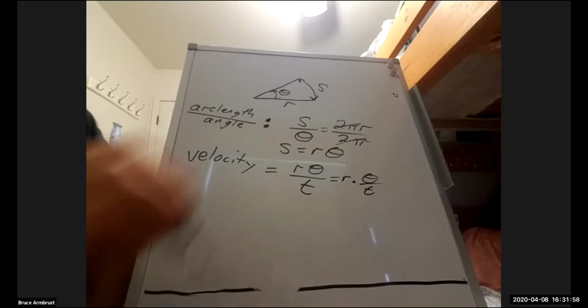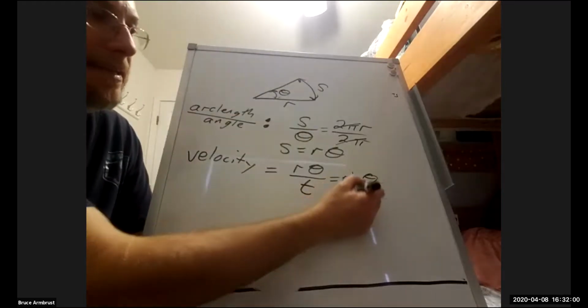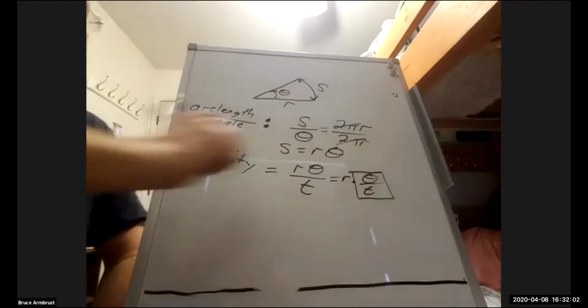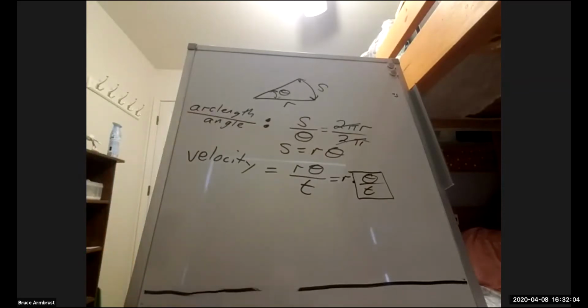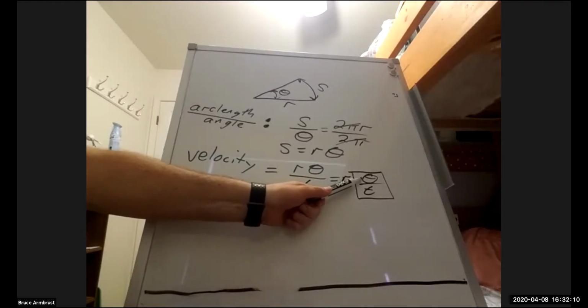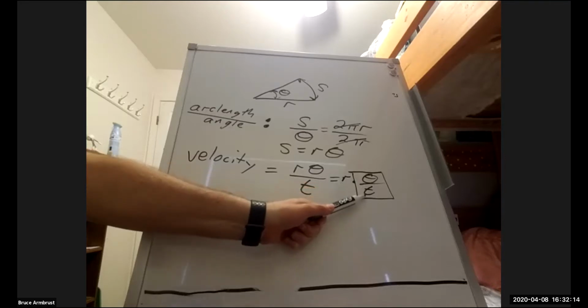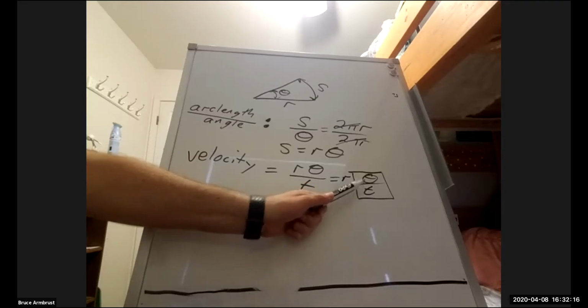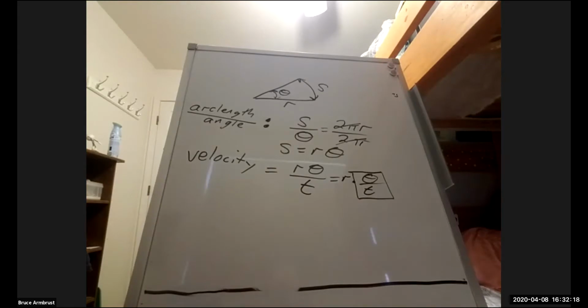The reason I did that is I want to look at this guy, theta over T. If you think about what that means, theta is the angle that we're sweeping through, that we're rotating through, and T is time. So this is an angle per time.